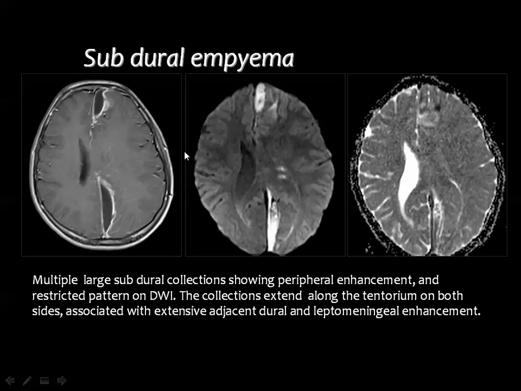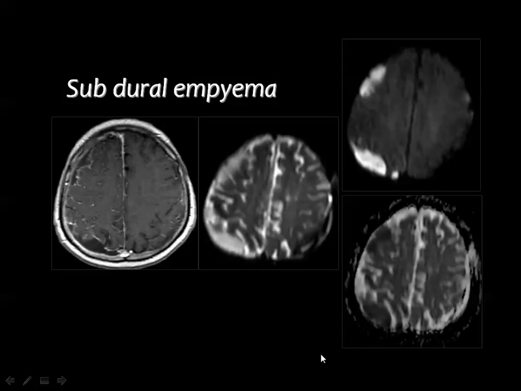Another example of subdural empyema, and you see marginal enhancement of the pus located within the left side of the falx, and this is DWI showing bright signal, ADC showing low signal, meaning that there is restricted diffusion.